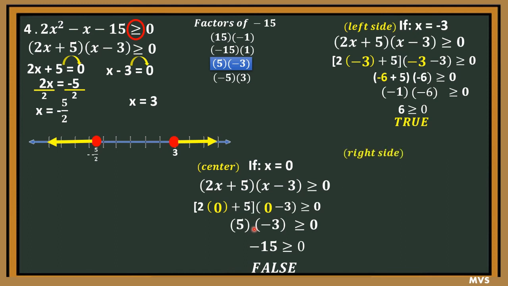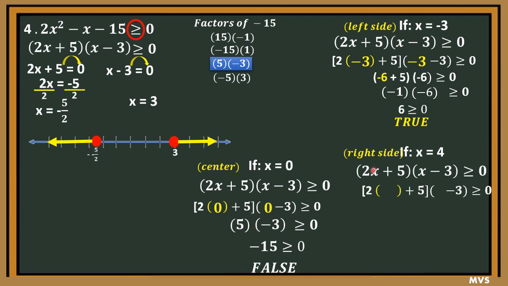Let's go to the right side. I'll choose positive 4, factor form, and then let's have here substitution. Just copy 2, your x is 4. Just copy plus 5, your x is 4. Just copy minus 3, greater than or equal to 0. Then, just multiply it. That is 8 plus 5.